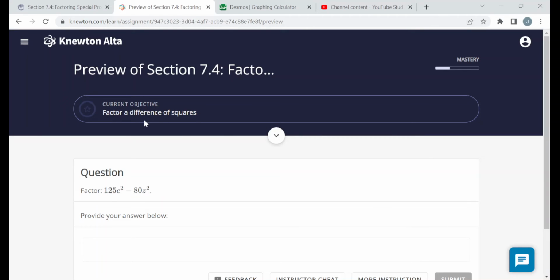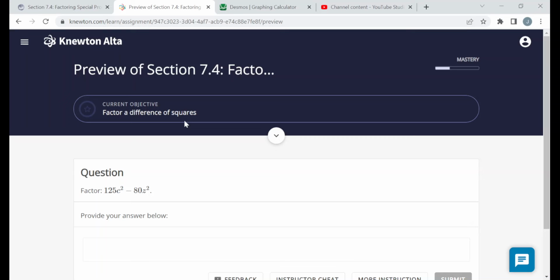Alright, now the last of the special products here, the last of the special factoring formulas, is factoring a difference of squares. And this is another one you have seen. When we were learning how to multiply polynomials, there was a section on multiplying conjugates. And when you multiplied two conjugates, you ended up with a difference of squares.